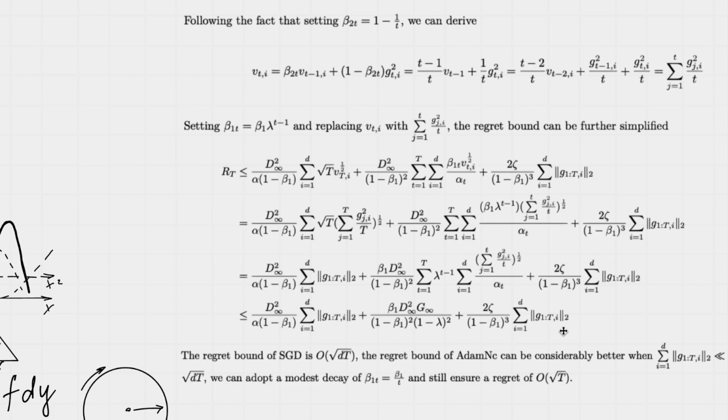The regret bound of stochastic gradient is big O square root of dT, and the regret bound of fixed Adam, which is Adam NC, can be better when the magnitude of the gradient is much smaller than the square root of dT.